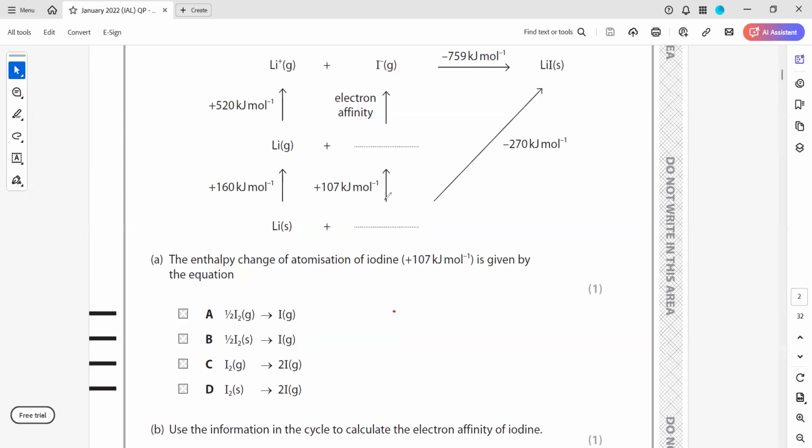From elements in their standard state, here we will have iodine. Iodine is solid at room temperature. When we produce an iodine atom, we call that atomization. So which one refers to atomization? 1 mole of atoms of iodine is formed. So B is representing the atomization.